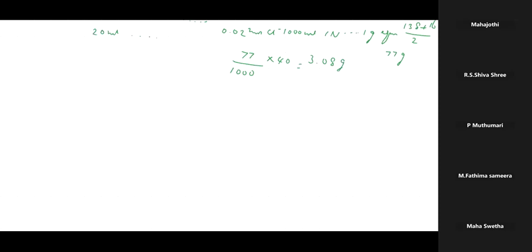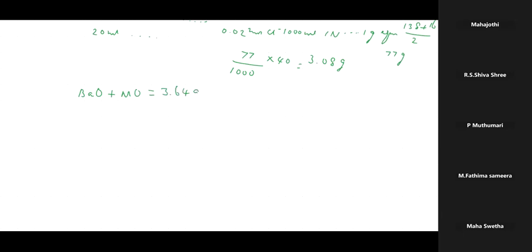So barium oxide plus metal oxide is equal to the residue weight. It is already given. It is 3.64 gram.